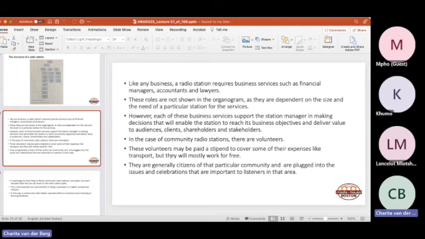In the case of community radio stations, they have volunteers. These volunteers might be paid a stipend to cover some of their expenses like transport, but they will mostly work for free. They're generally citizens or people that come from that specific community and are plugged into the issues and the celebrations that are important to the listeners in that area.